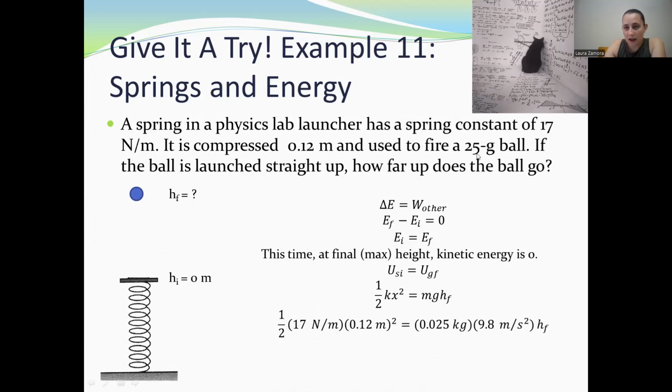So we take 25 grams, and divide it by 1,000 to get to kilograms. g is 9.8 meters per second squared, and that final height is what we're looking for. So when you type in your calculator, 1/2 times 17 times 0.12 squared divided by 0.025 divided by 9.8, you'll end up with a final height of 0.5 meters.